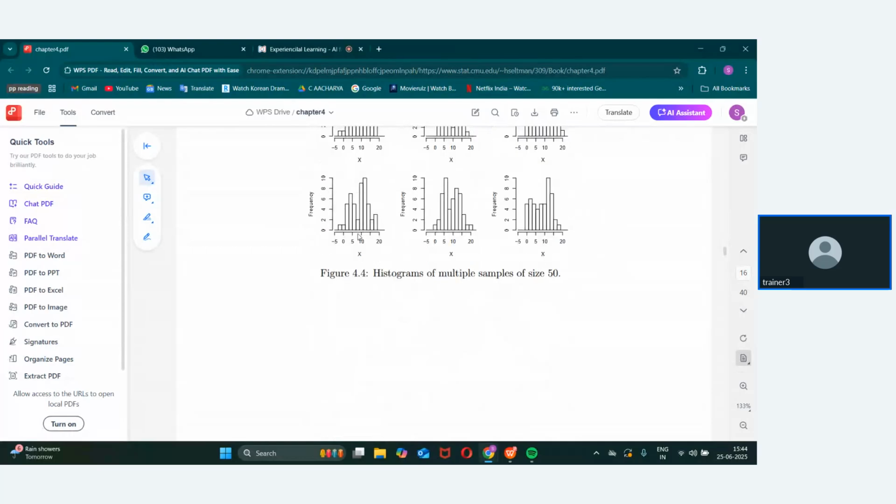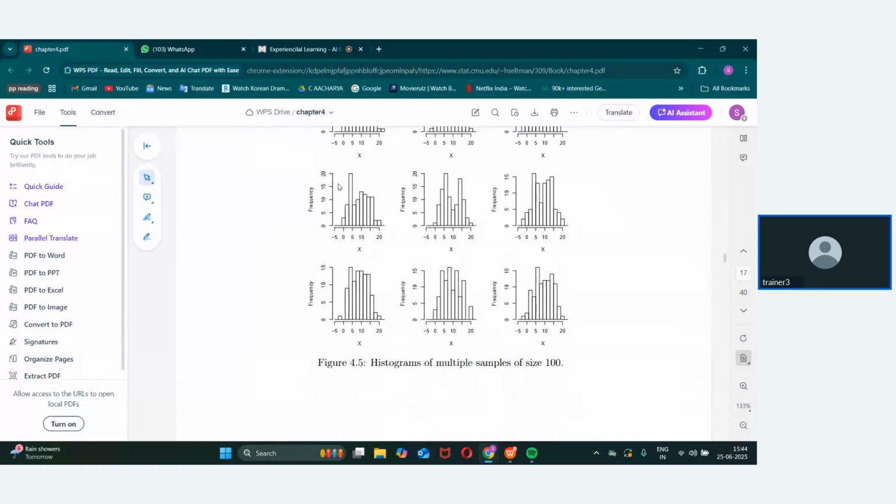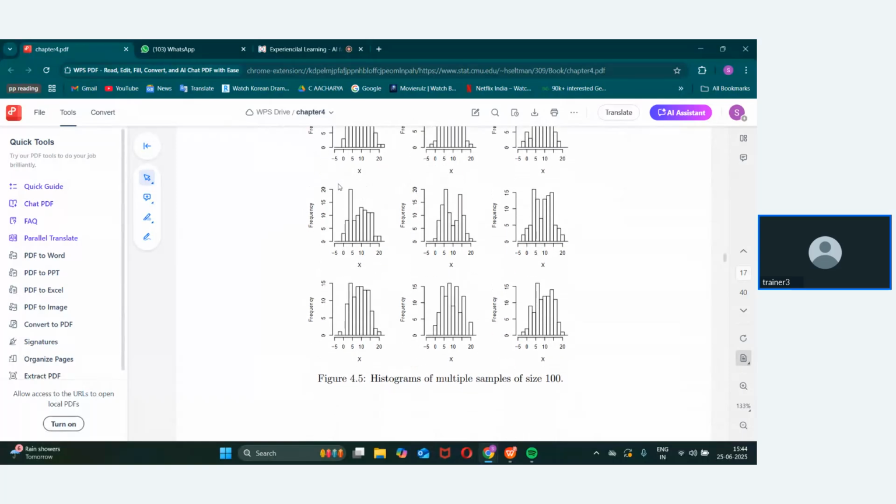These are examples of histograms with multiple samples. This is univariate graphical EDA.